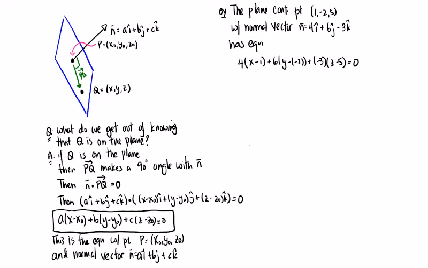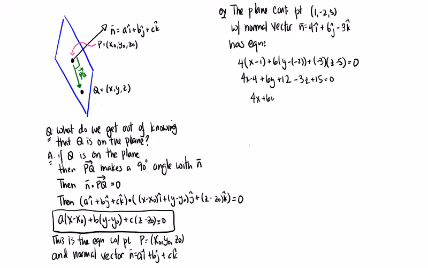Now, that can be simplified, right? Formally speaking, you're done. You've got the equation. But it's worth simplifying for two reasons, as we'll see. If we simplify this, we get 4x minus 4 plus 6y plus 12 minus 3z plus 15 equals 0.